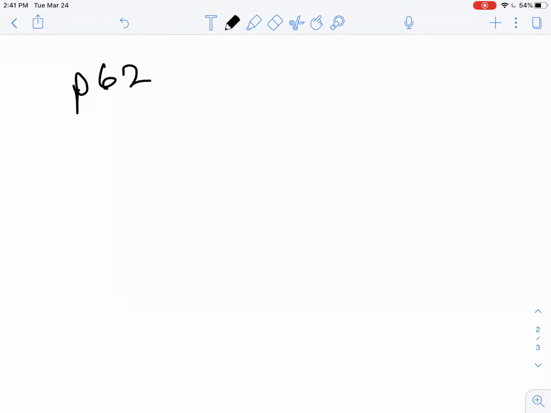So I'm using this blank screen right here. If you go back to page 62 and look at a problem, for instance, number 6, I don't know if you noticed this, but the problem goes like this.